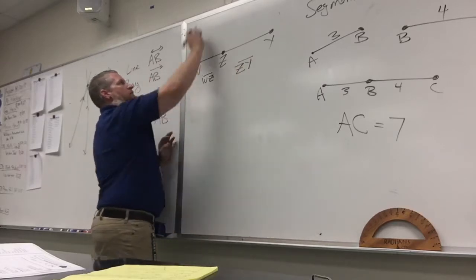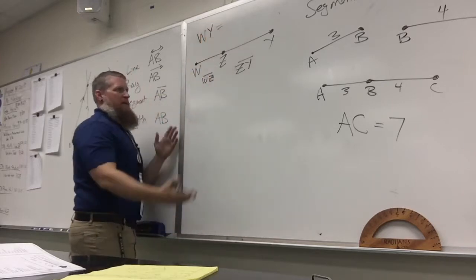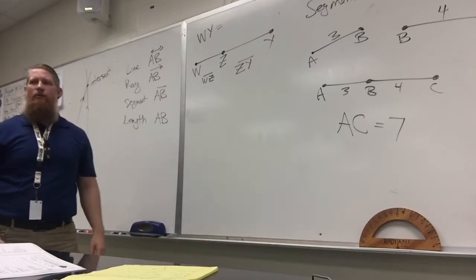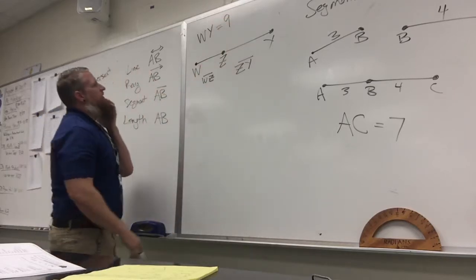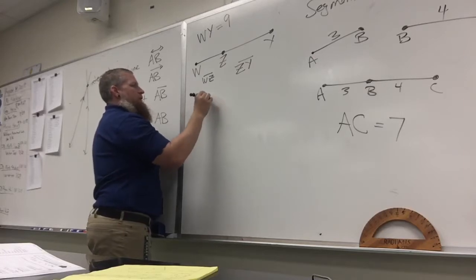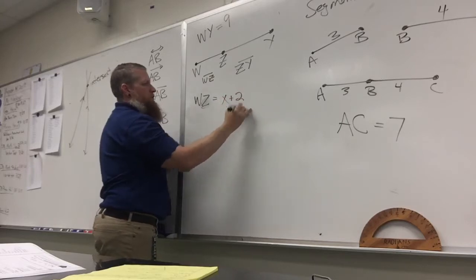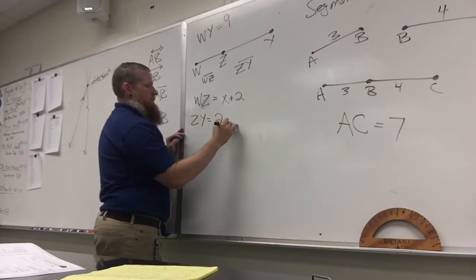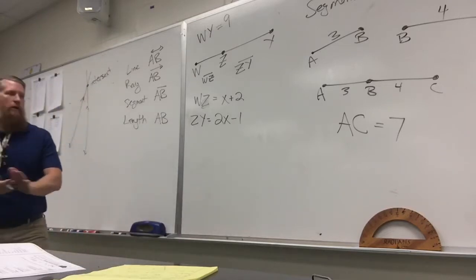Let's say I told you WY equals, give me a number. How long do you think WY is? 7. Wait, I already did 7. Another one? 9? Sure, 9. Let's say I told you that WZ is X plus 2, and ZY is 2X minus 1 or something like that.